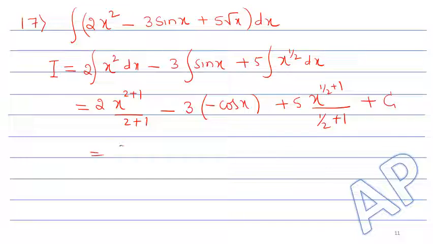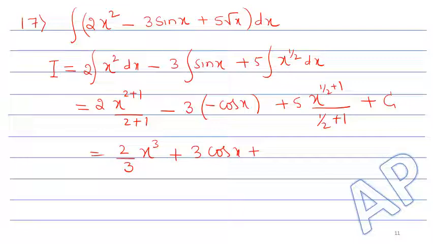So we'll simplify this. This is 2 by 3, 2 plus 1, 3. So x to the power of 2 plus 1 is x to the power of 3 again. That is, I have x to the power of 3 here, minus, plus 3 cos x, plus, here I have half plus 1.